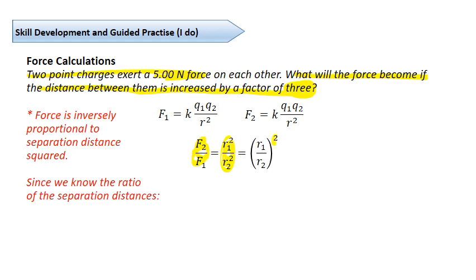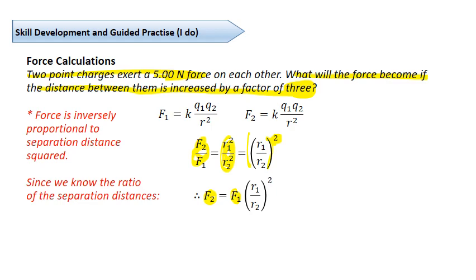I'm just going to put the squared outside of the fraction and put brackets around it. And I come up with this really neat formula, which is F2 is equal to F1 multiplied by R1 divided by R2, whole thing squared.